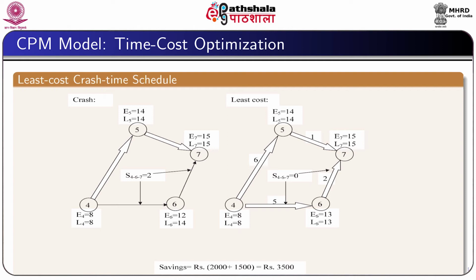Here we could extend the activity time of the activity 6, 7 by 1 unit only and then the remaining 1 unit will be used to extend the activity time for the activity 4, 6. In this case the total saving will be 2,000 plus 1,500 which is equal to 3,500 and the path 4, 6, 7 will again be a part of the critical path.